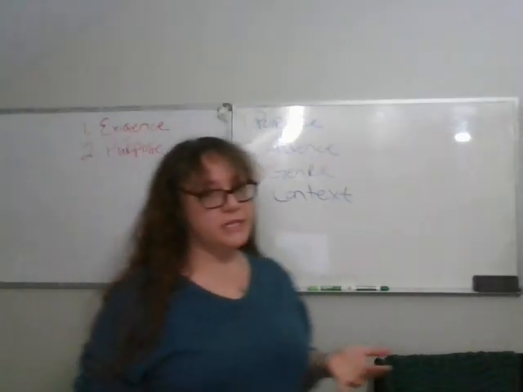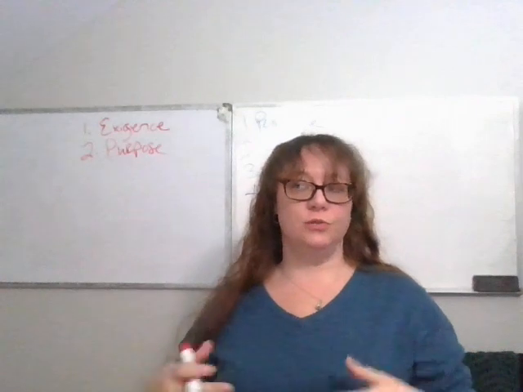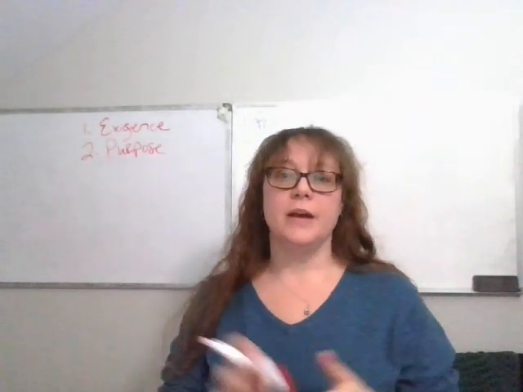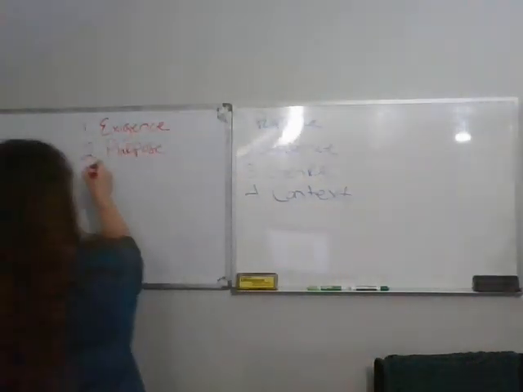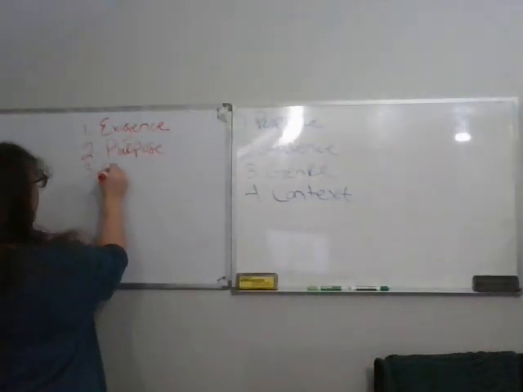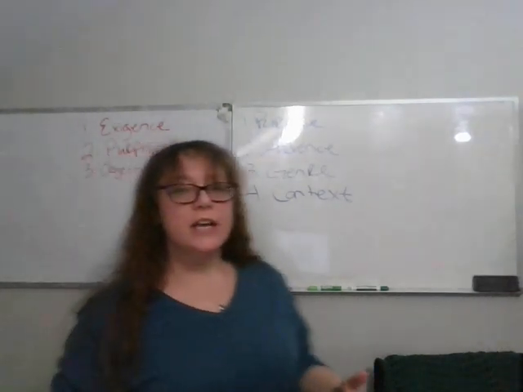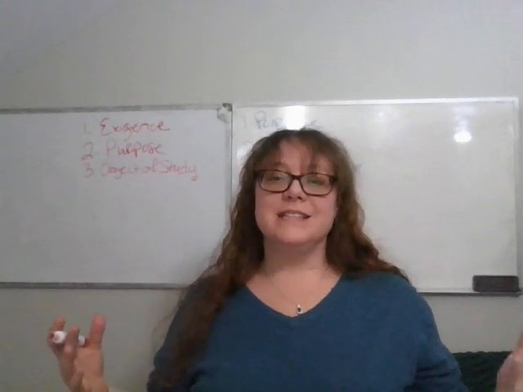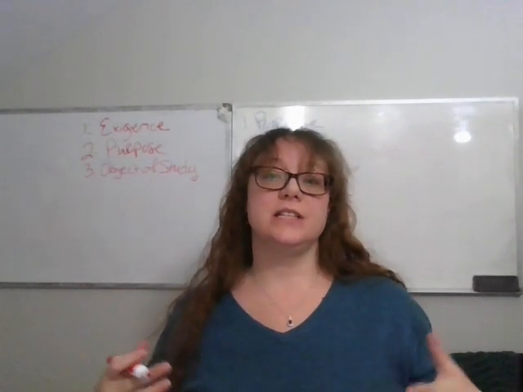which is the same purpose here, right? What is the goal that the author is trying to achieve? Okay. Next is the object of study. Take a look at what is the subject that the author is actually trying to study.